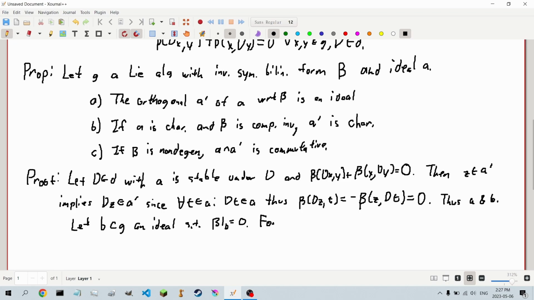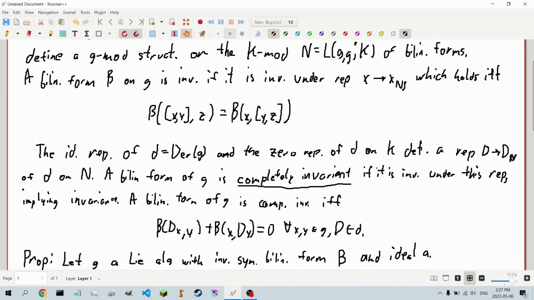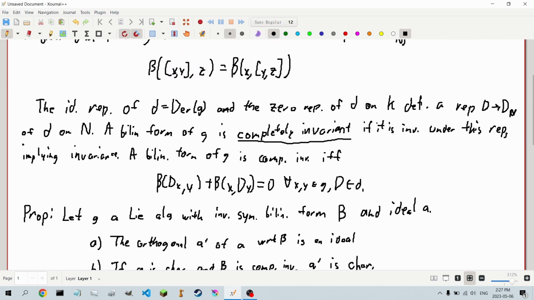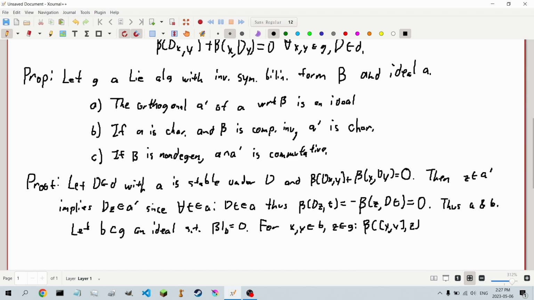Then, for x and y in this B, and z in G, beta of the bracket of x and y, z is, by this writing of the constraint of being invariant, beta of x, the bracket of y and z.